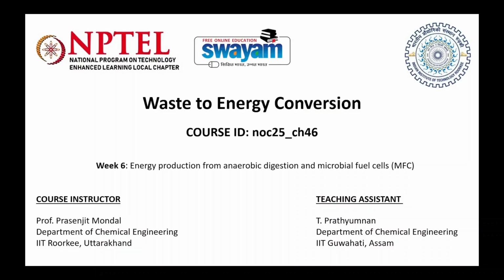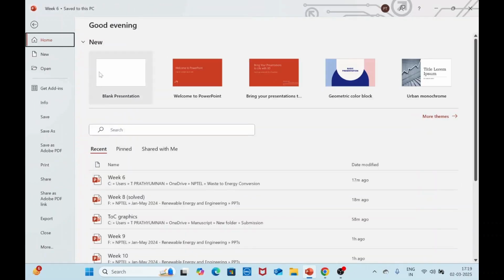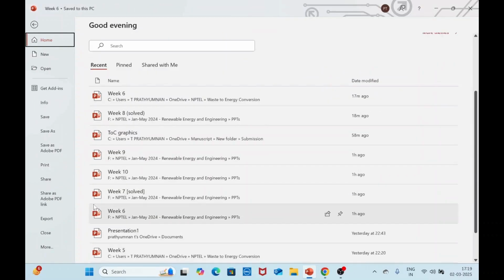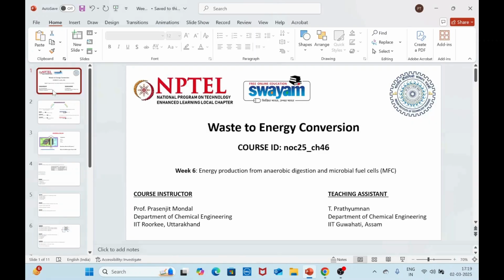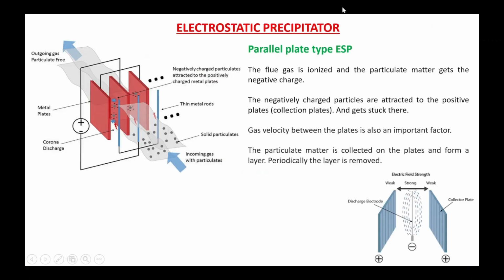And then we discussed the electrostatic precipitator. There the main principle was the electrostatic force. You have two collection plates, and in the space between the collection plates you have a discharge electrode.